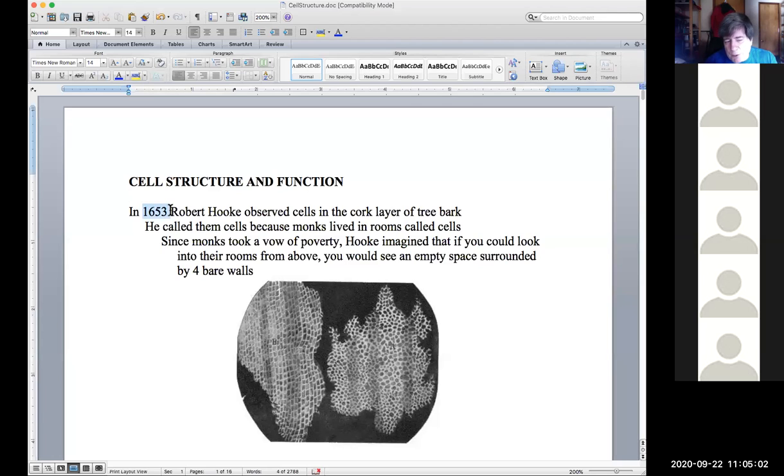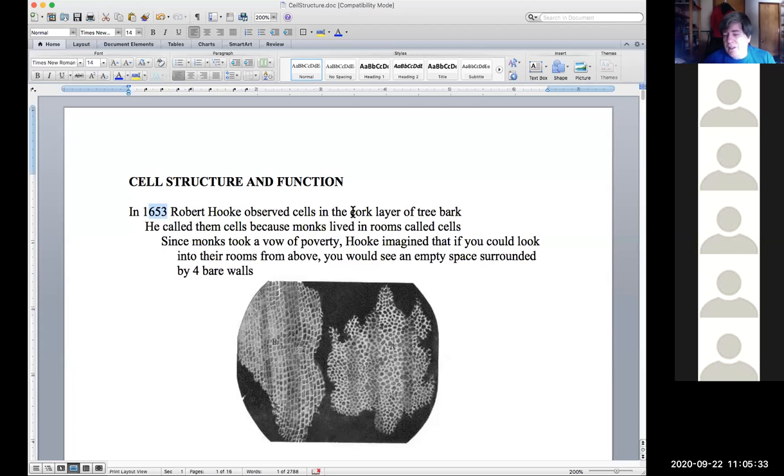Well, the first person to see cells was an Englishman named Robert Hooke, and he saw cells about 350 years ago, in 1653. And he was actually looking at cells in a layer that's called cork, and cork is found in tree bark. So if you've ever seen a cork stopper in a wine bottle, or if you've ever gone fishing and used a cork bobber, it's the same type of cork that's found in those items.